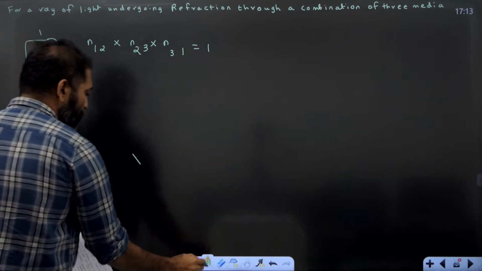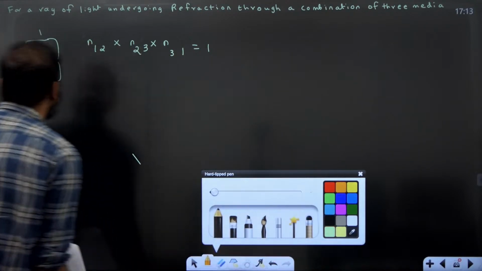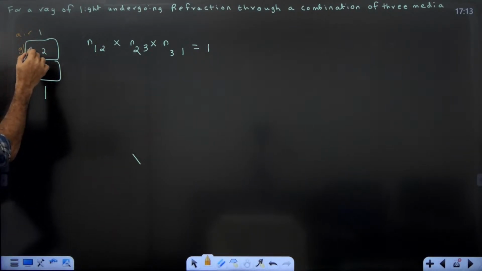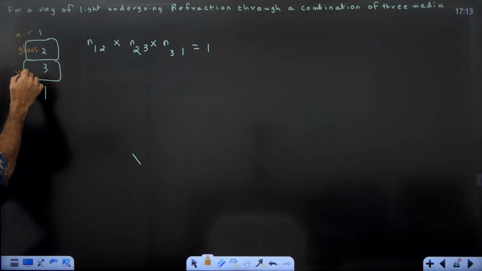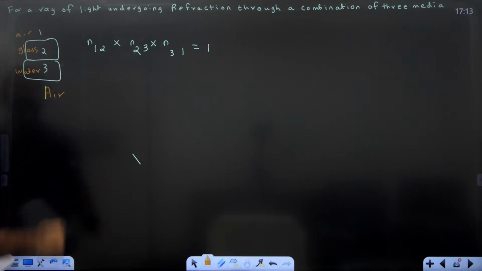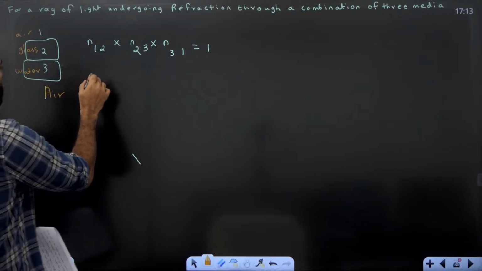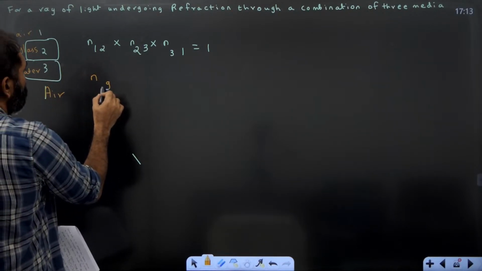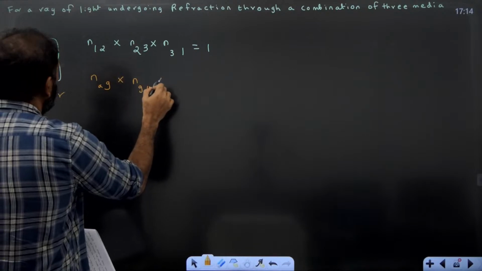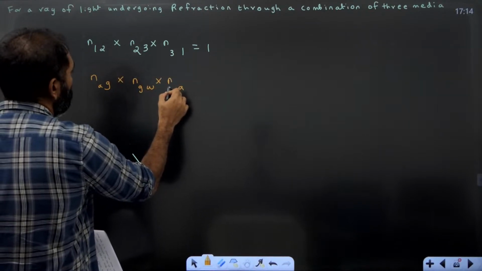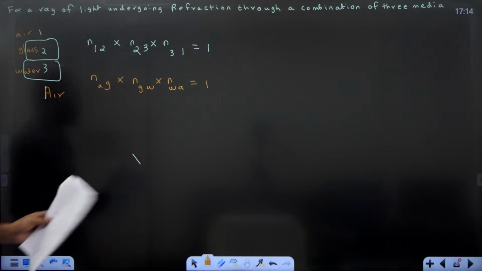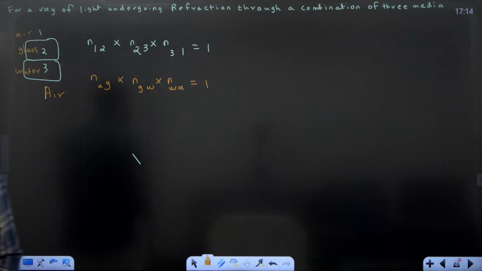For example, first medium air, second medium glass, third medium water, then again it comes back to air. So glass with respect to air, into water with respect to glass, into air with respect to water. Answer will be 1. Any doubt?